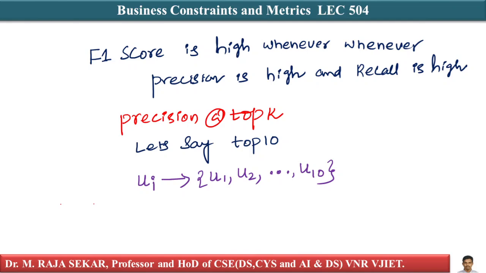We want to predict probability of links so that we can rank order, and we want to have high precision and high recall. Hence we are using F1 score as a metric. We could be using precision at top K also.